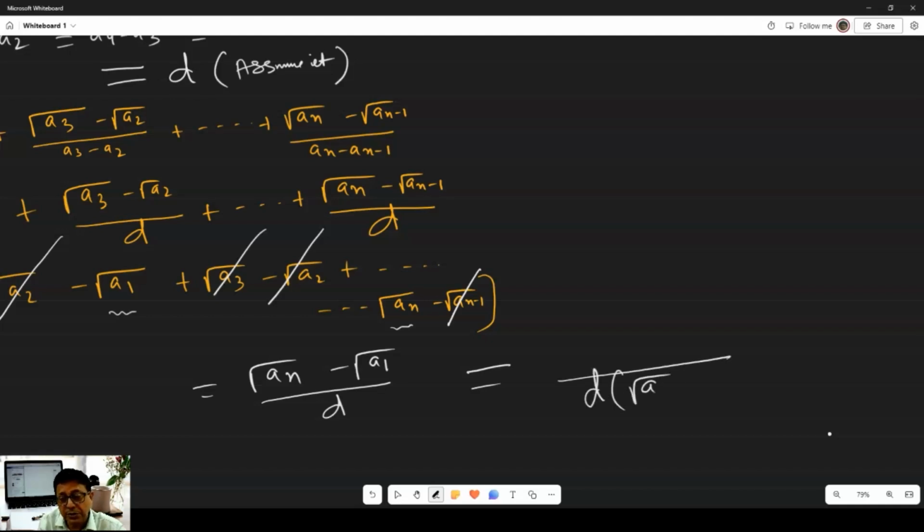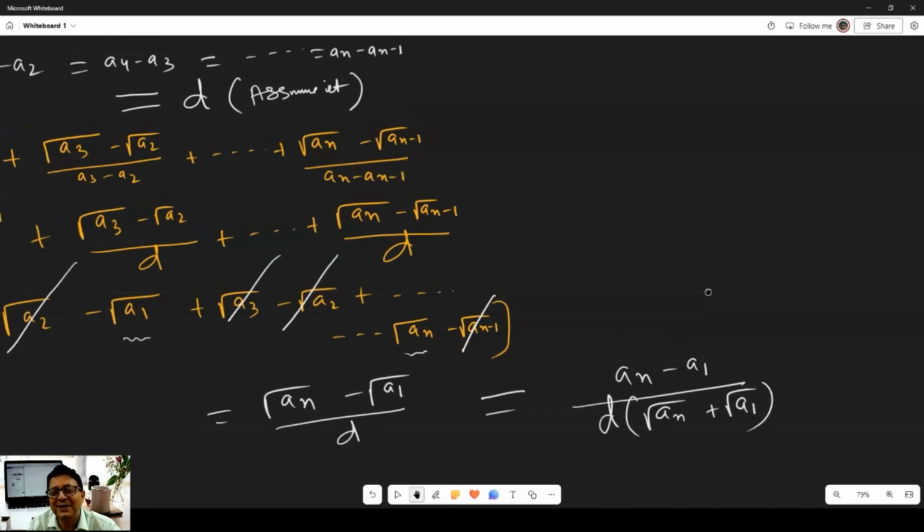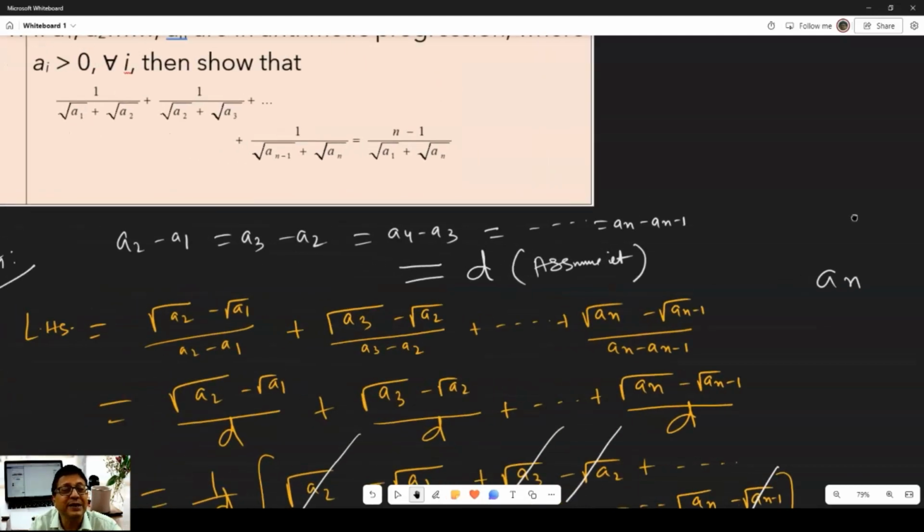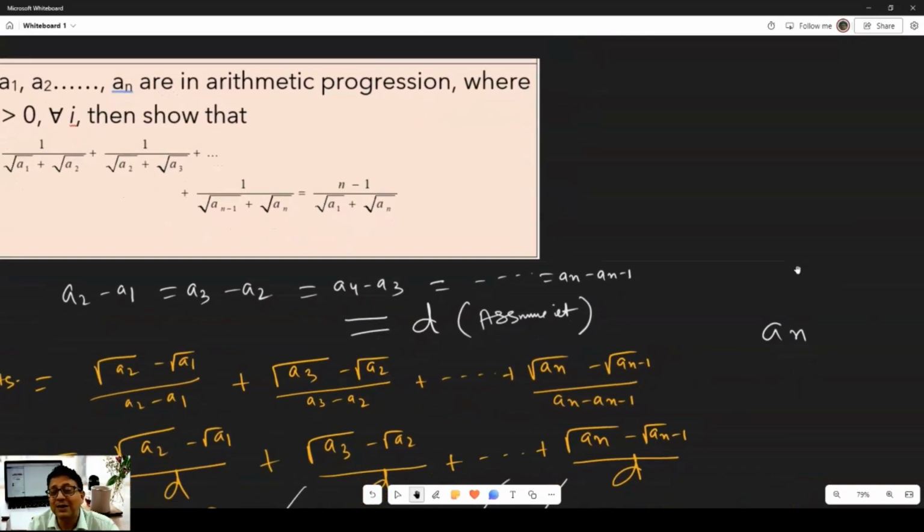You write d into n to get that form, to get the answer. What is n? Here, n is the nth term. Since they are given in AP, this is the nth term, Tn, A1 plus n minus 1 into d, isn't it? Just put it there.